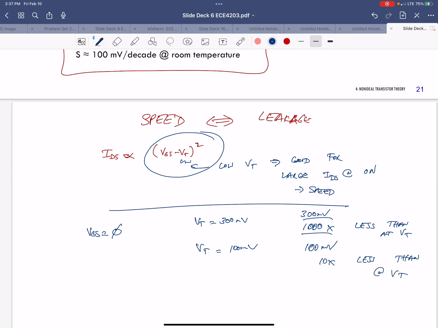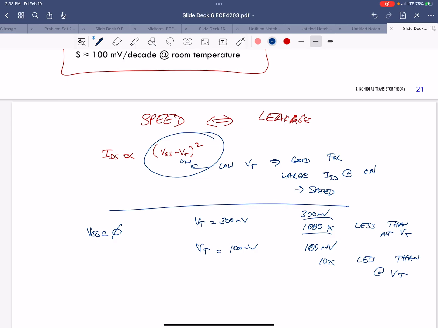So I have 100 times more leakage current for transistors that are off with a 200 millivolt lower VT. Does that make sense? It's a little hard to grasp. You guys with me? No?